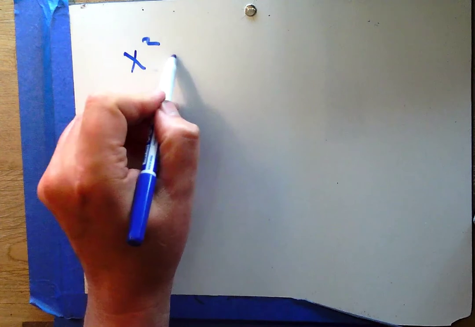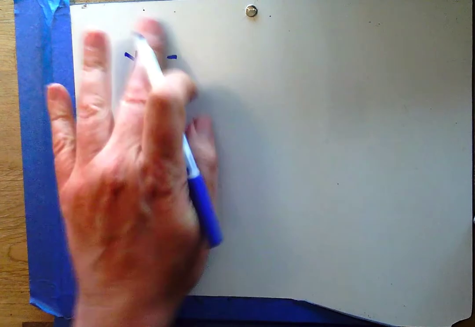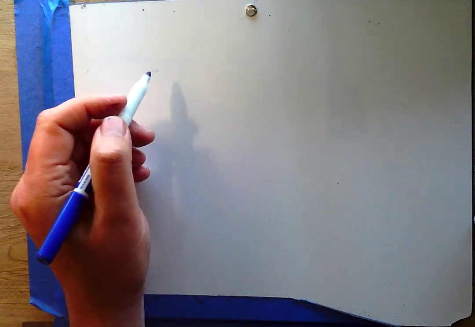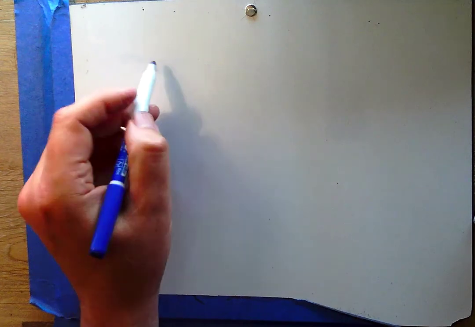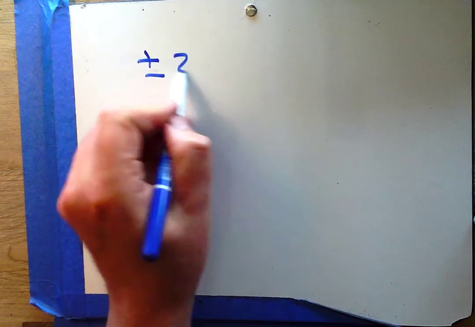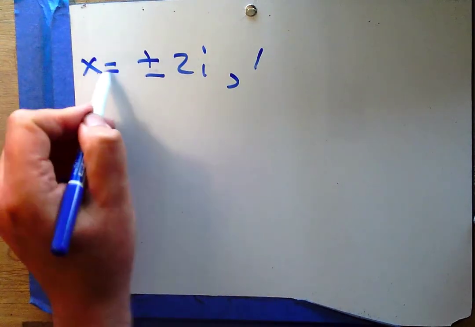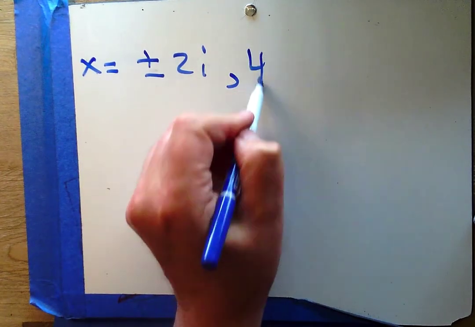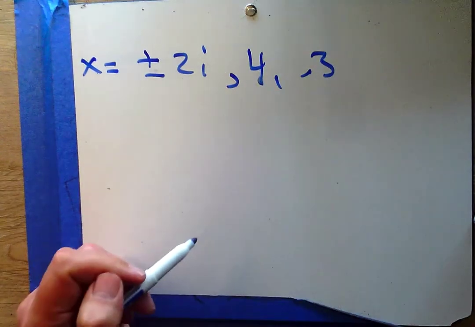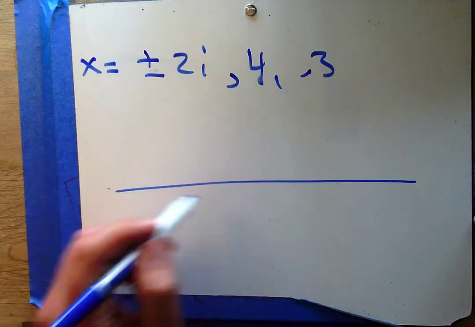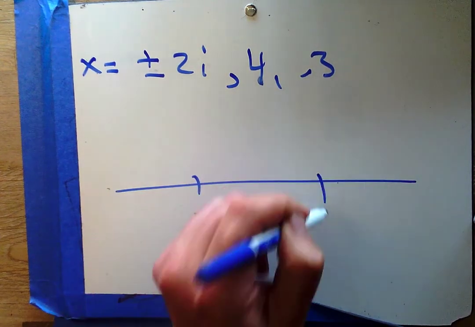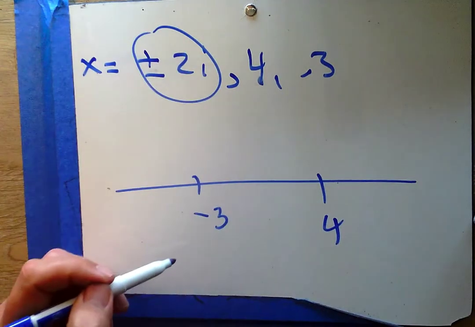Now, that being said, if my polynomial has roots x equals plus and minus 2i, but also 4 and negative 3, I'm not expecting you to try and graph these imaginary roots.